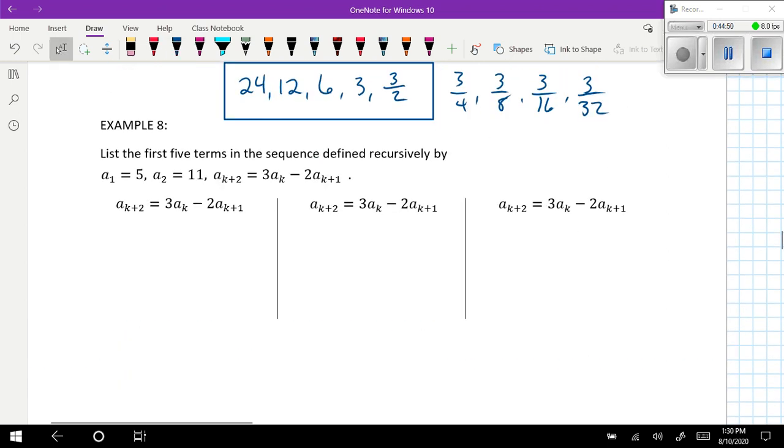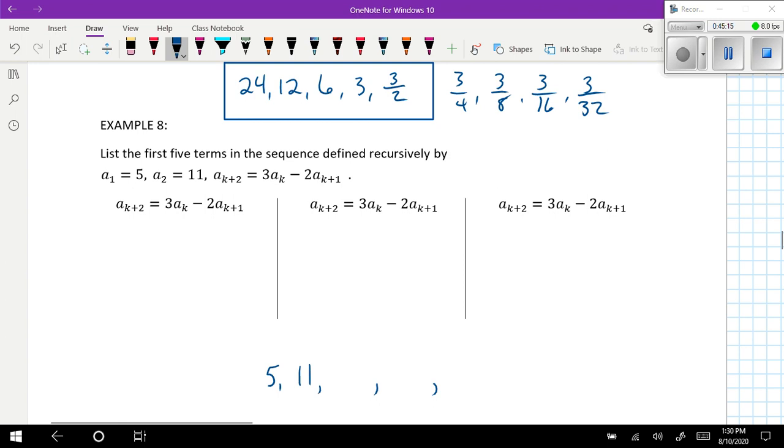Okay, example 8, and I think this is the last recursive example we have, yes. So get a little more complicated on this one. My a sub 1 is equal to 5. And I have a sub 2 is 11. So all I need are a sub 3, a sub 4, and a sub 5. I'm going to have a 5, I'm going to have an 11. I need that number, and that number, and that number. And then I'm going to be done.